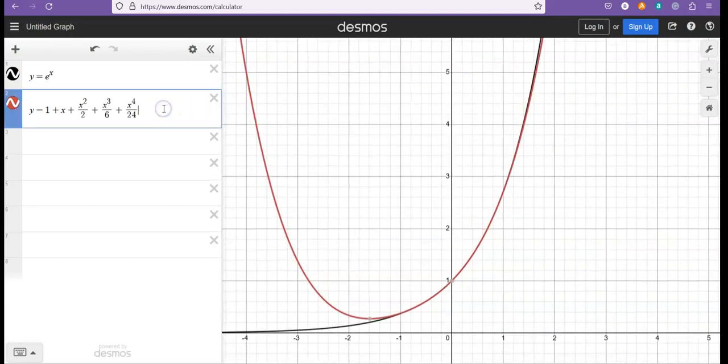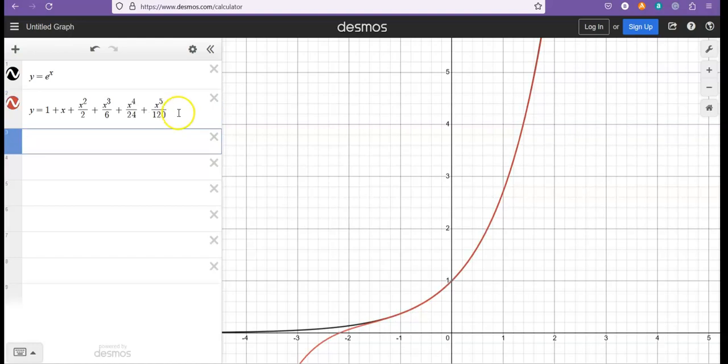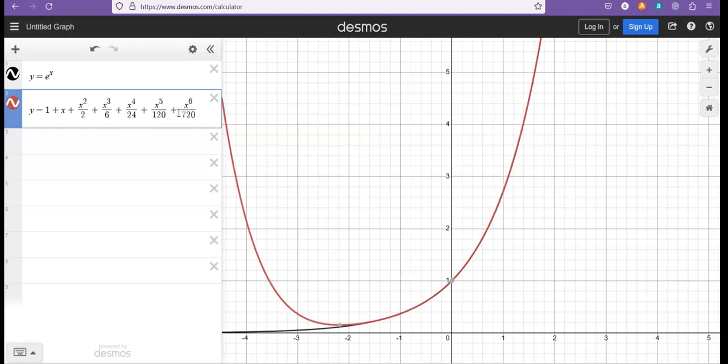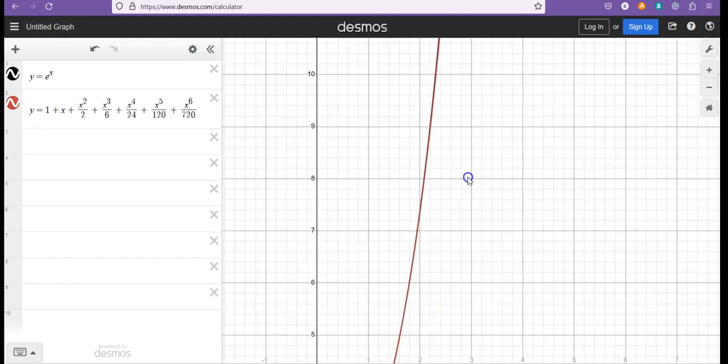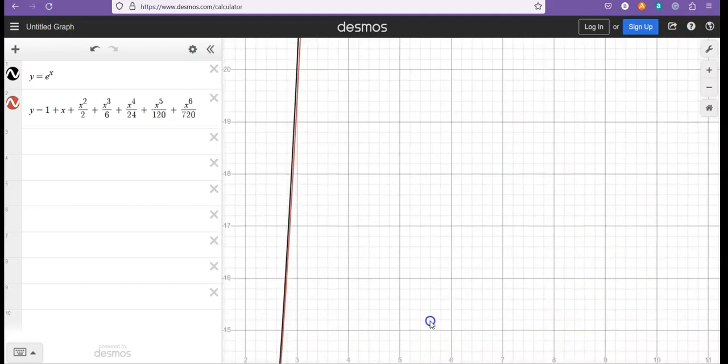And as I add additional terms, x to the fifth over 5 factorial, which is 120, look at that. And x to the sixth over 6 factorial, and you see how good of a job this does. Look at how close it is to the exponential curve.